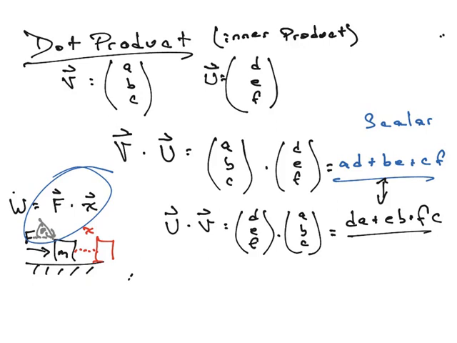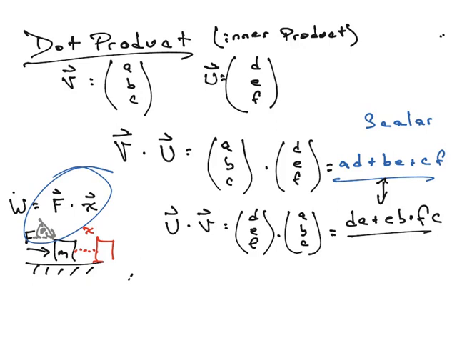The answer you get if you do it one way versus the other will be completely different. So just be careful about that. But for now, at least with the dot product, this is perfectly fine. You can do it either direction, you get the same result. But get into the habit right now of keeping the order the same every time. So if you're given a problem and it says v dot u, keep v on the left and u on the right. Whether it matters or not, it's a good habit to be in, because later on it will matter very, very much.